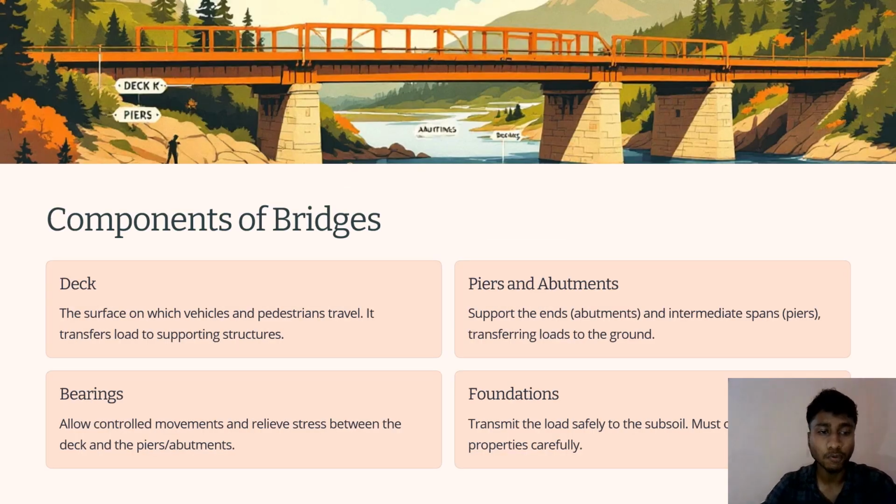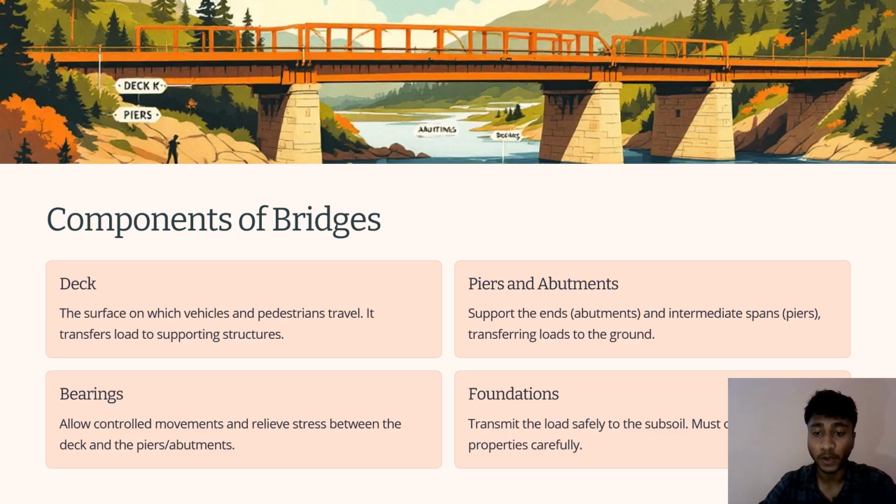On the slide, we will see components of bridges. Here, four components are listed: deck, piers and abutments, bearings, and foundation. First, we will see the deck, the surface on which vehicles and pedestrians travel. It transfers load to the supporting structure. Second one is piers and abutments.